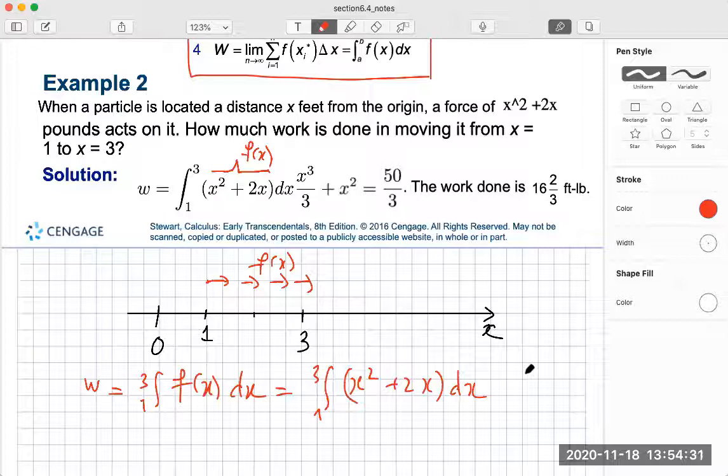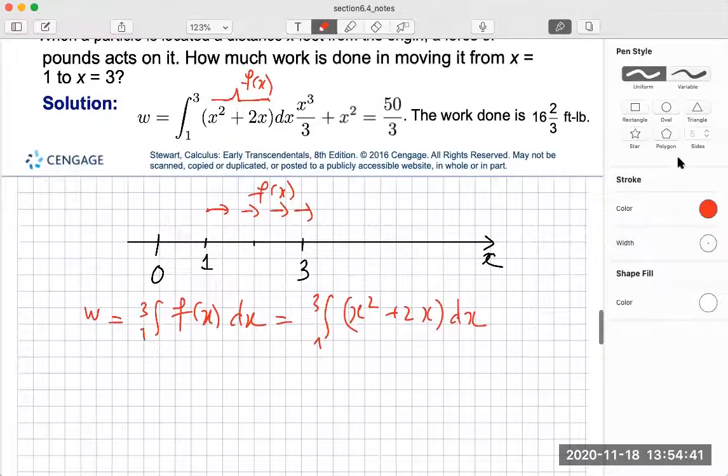Okay. This becomes an easy integral. We can compute it easily. And what do we have here?